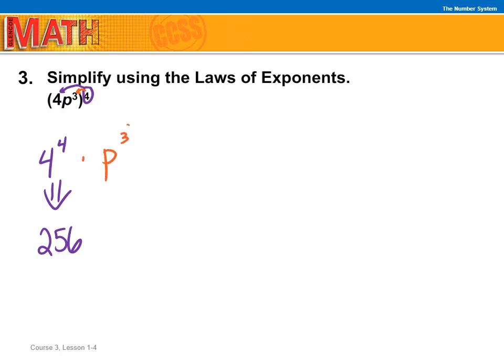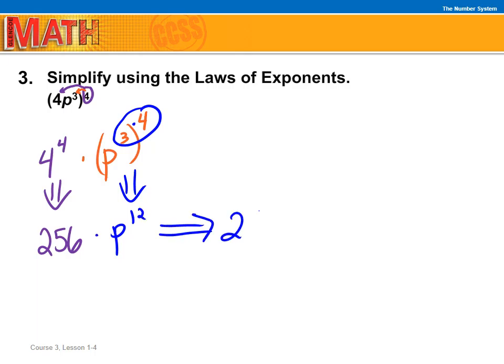So I'm taking p to the third power, putting parentheses around it, to the fourth power. And now, like we did in examples 1 and 2, let's multiply 3 times 4. So that gives us p to the 12th power. So our answer is 256 times p to the 12th power.